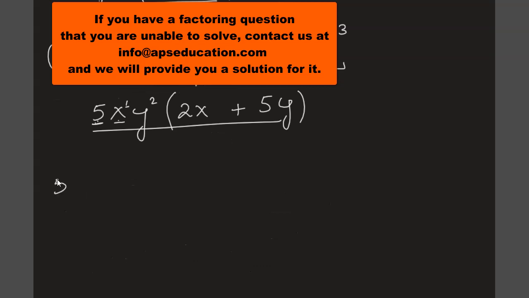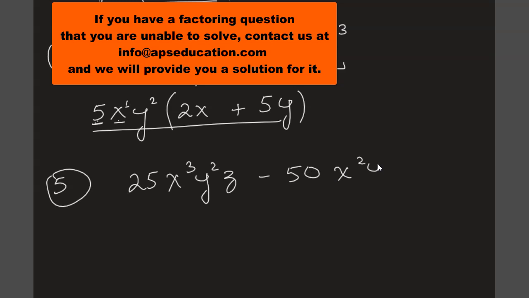Let's do an example where we have a minus sign. Let's say I have 25x cubed y squared z minus 50x squared y z squared. Again, I have two terms because terms are separated by plus and minus sign.